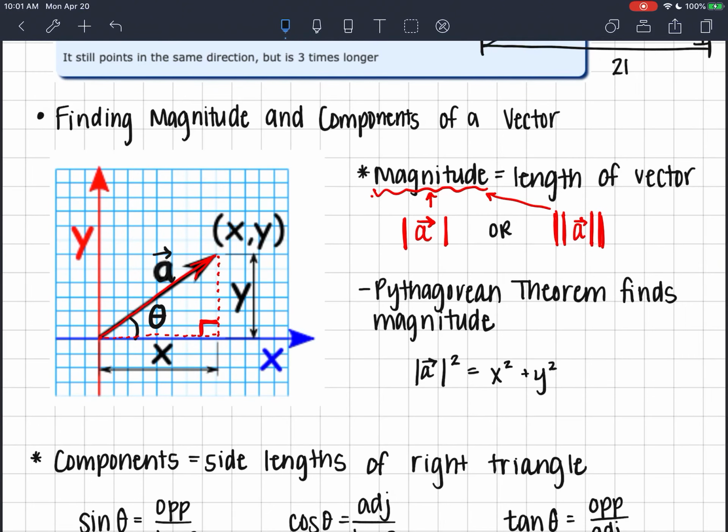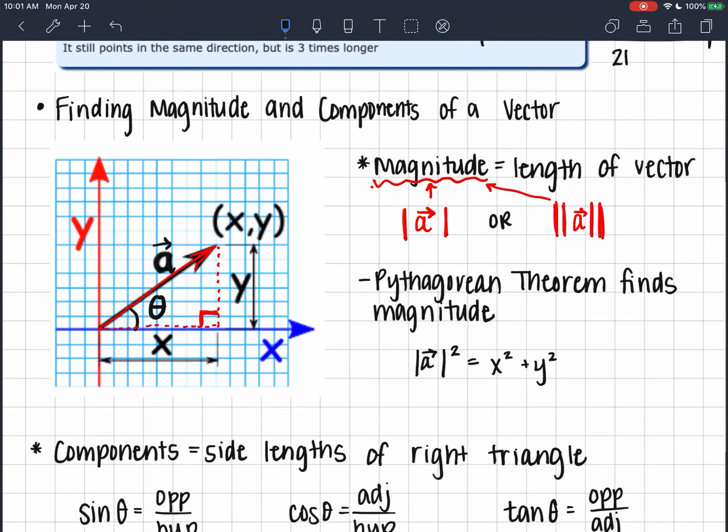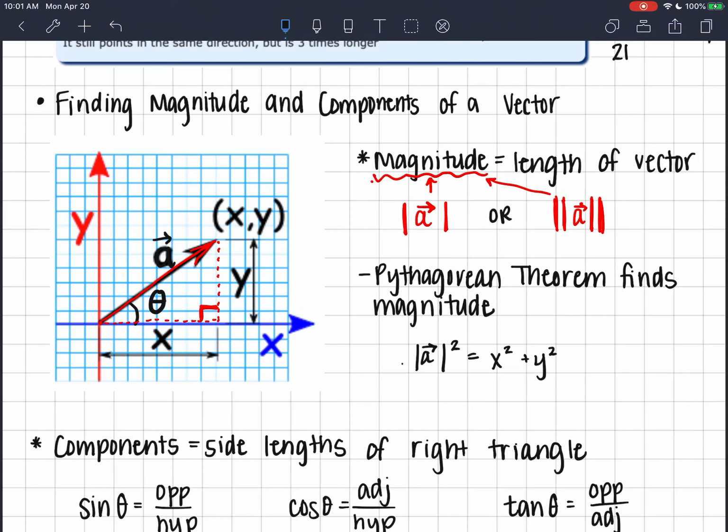Now, if I wanted to find just the magnitude, not the magnitude squared, I could take the square root of both sides of this equation. And that would get me just the magnitude of A isolated. And this would be equivalent to the square root of x squared plus y squared.